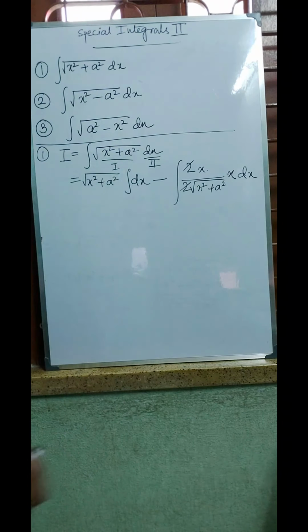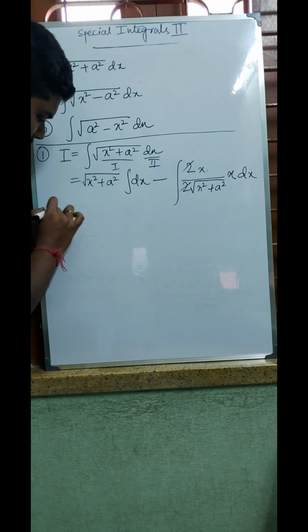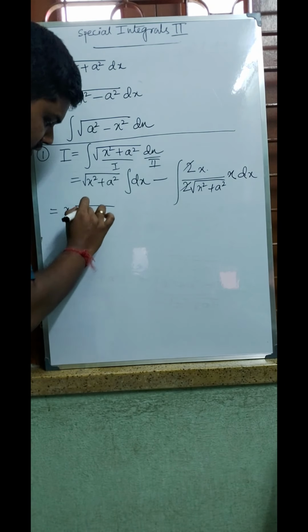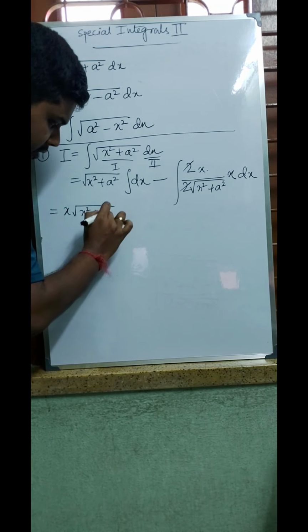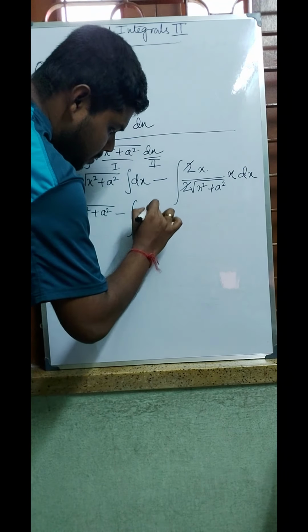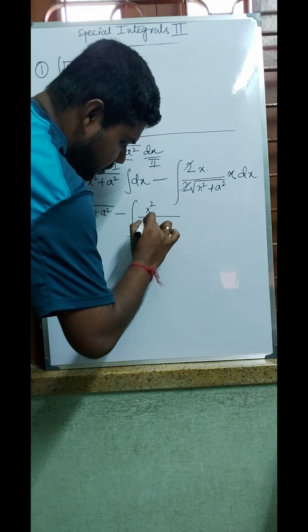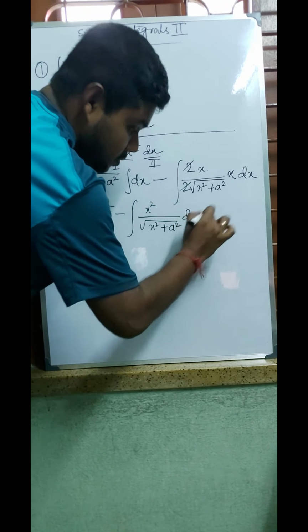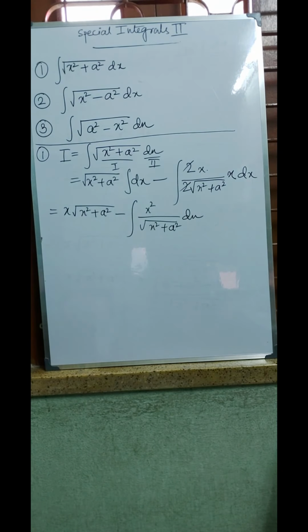This 2 gets cancelled, so therefore we have x root over of x square plus a square minus integration of x square by under root x square plus a square dx. Right?